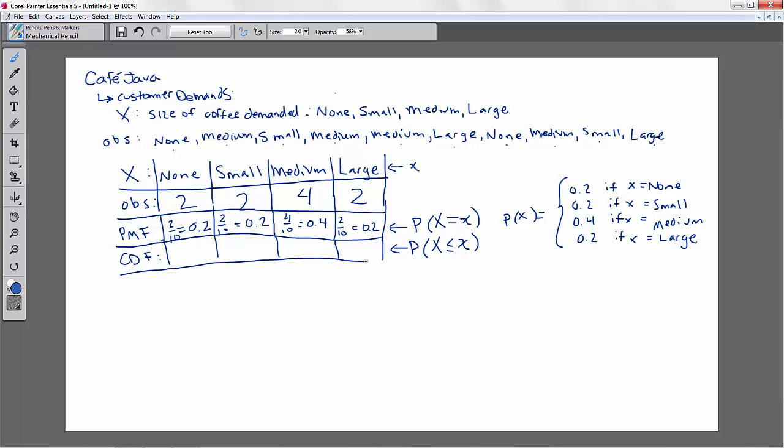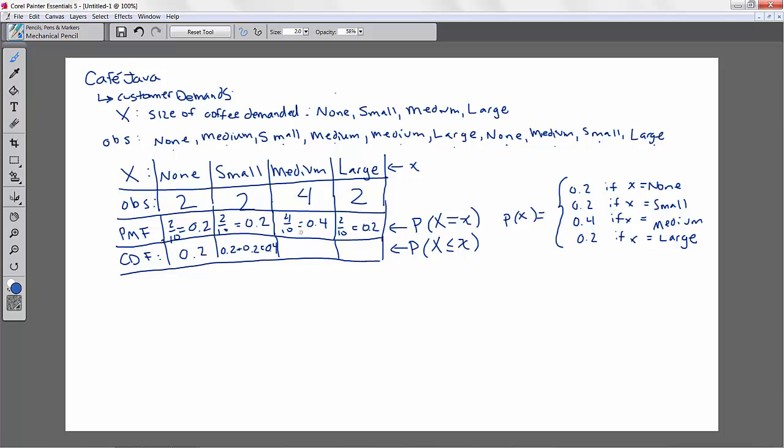There's a 20% chance that they order none, so the probability that they order something less than or equal to none is simply 0.2. What's the probability that they order something less than or equal to small? There's a 20% chance of none and a 20% chance of small, so the CDF is 0.2 plus 0.2, or 0.4.